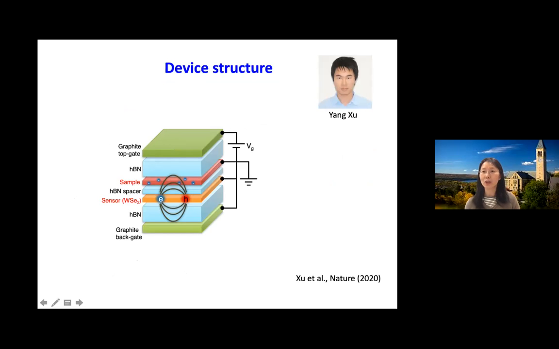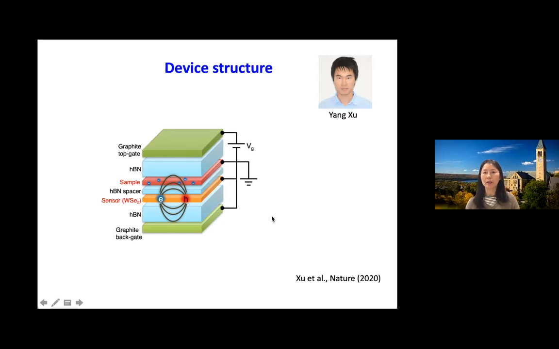So this is how we realize the device. And this is the work of a former postdoc, Yang Shi, who's with the Institute of Physics in China now. So we built a structure like this. Here is our sample, and now we place the monolayer of TMD semiconductor as a sensor on the order of a nanometer away from the sample by using an hBN spacer.